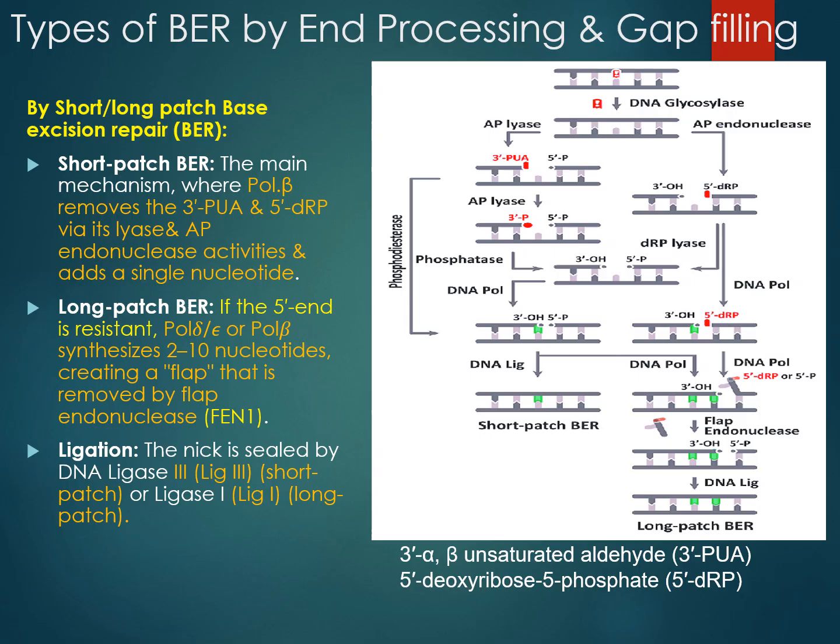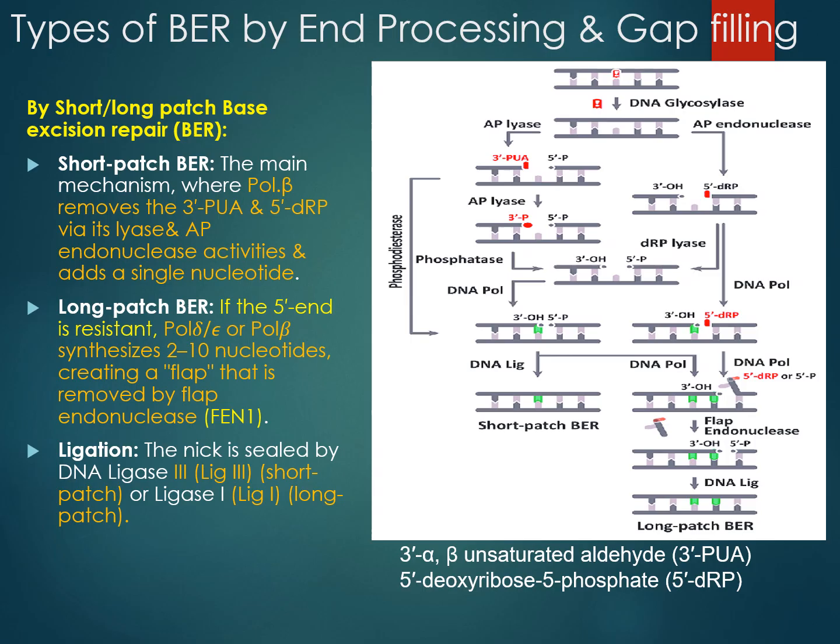Then for long patch, if the 5' end is resistant, polymerase delta and epsilon synthesize 2 to 10 nucleotides. When they synthesize 2 to 10 nucleotides, the existing strand is displaced as a flap. That is removed by the endonuclease FEN1.